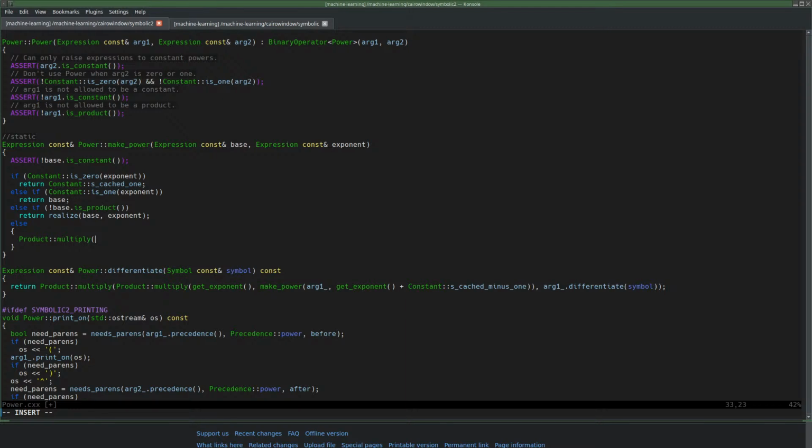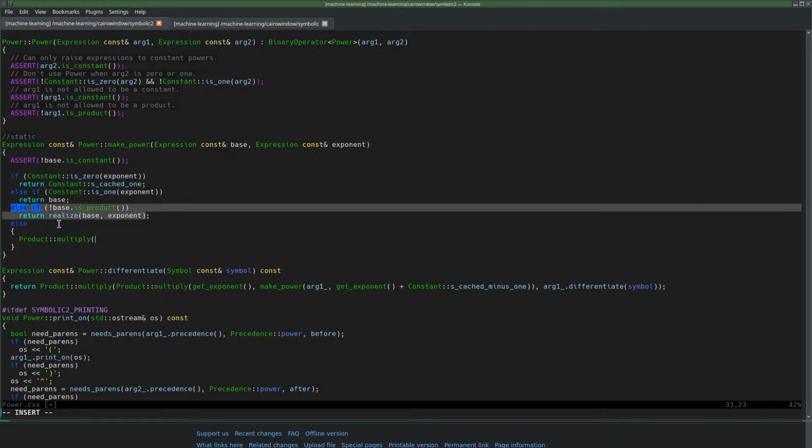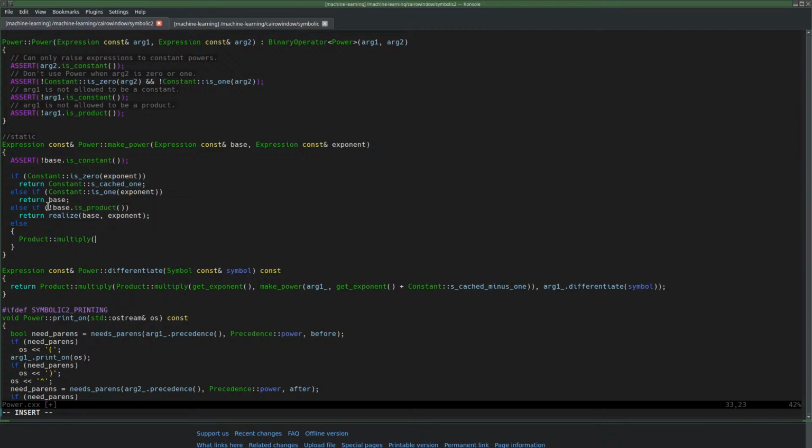And then basically make power of the first argument to this exponent, but I already know that the exponent is not 0 or 1. So then we have still that problem here though. But the first argument cannot be a product. So for the first argument I can call realize.